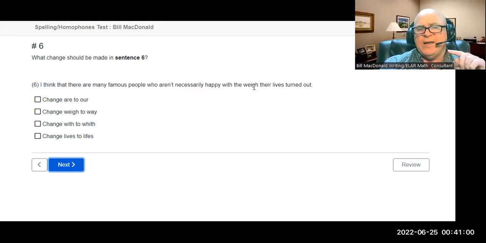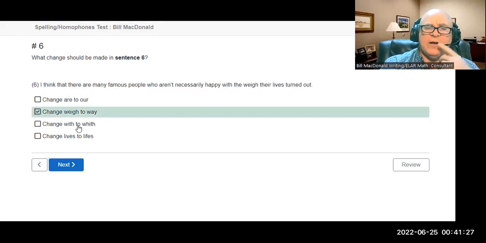So GH, I get heavy, or weigh, WAY, is different. So if I get heavy, that means what I weigh is going to change. So I get heavy. Choose that one because I want to remember that the way is a choice.